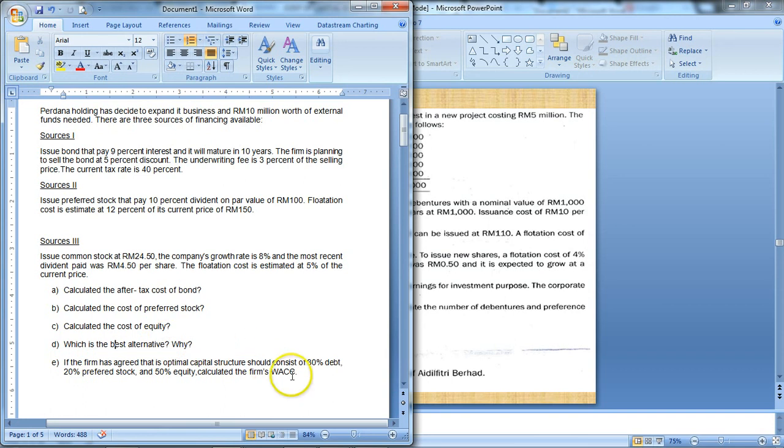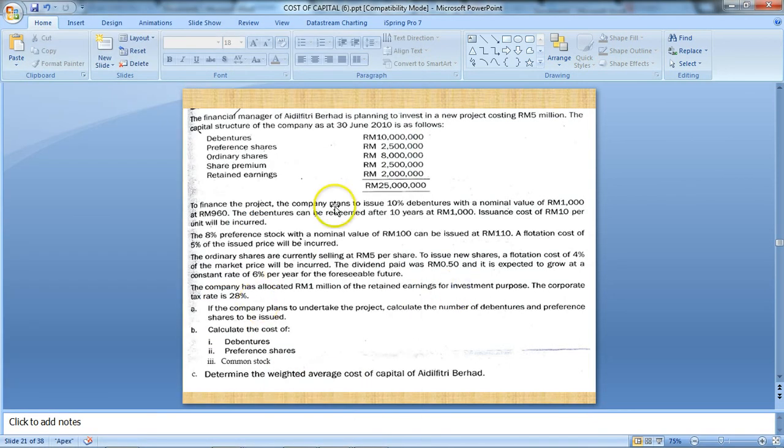At the same time, you need to calculate the weighted average cost of capital if we decide on a capital structure consisting of debt with 30%, and 20% in this question. If you decide that you want to focus on one type of financing, you need to choose either bond, preferred, or equity. How do you choose? I will teach you later in my next video lecture. You need to calculate overall as well. So these are two types of question, and you can see the difference between both.